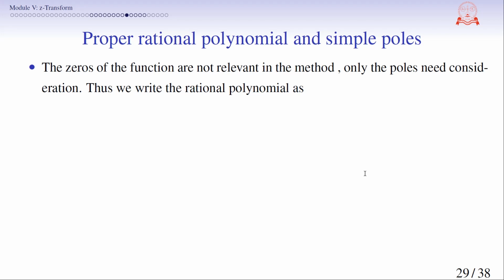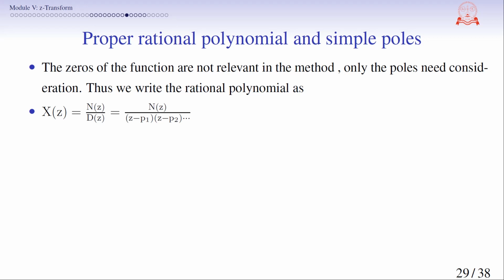If my partial fractions are proper rational polynomials having simple poles, in that case the zeros of the function are not relevant in this method. Only the poles of the function are needed for my consideration. So the rational polynomial X of z or H of z can be written as numerator part of z over denominator part of z.